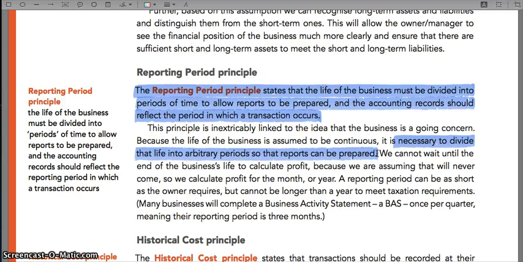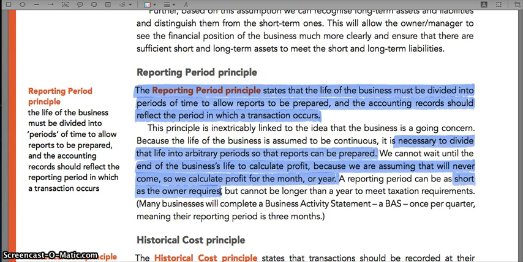Obviously, because the business is a going concern, it's going to continue indefinitely. We can't wait till the end of the business's life to calculate our profit, because we're assuming that will never come. So that means that we can calculate profit on a monthly or yearly basis. A reporting period can be as short as the owner requires.